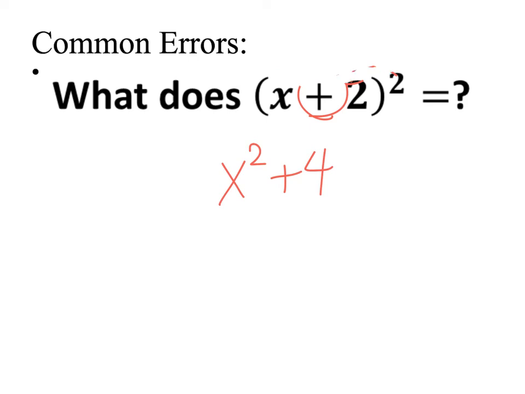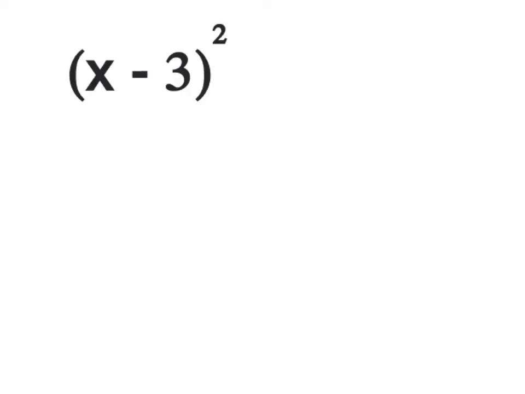So even though some people want to take a shortcut there, I like to call it a stupid shortcut because it doesn't get you anywhere except to the wrong answer. So just one more example of that. If we have x minus 3 quantity squared, please make sure you write it out. Don't take a stupid shortcut. Make sure you write it out.